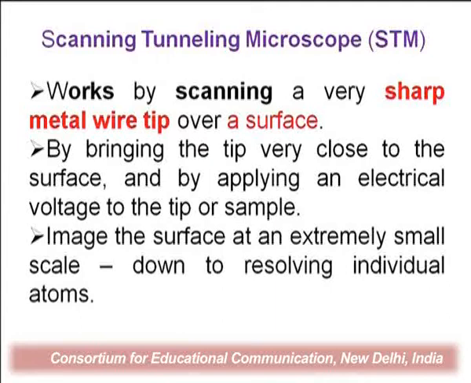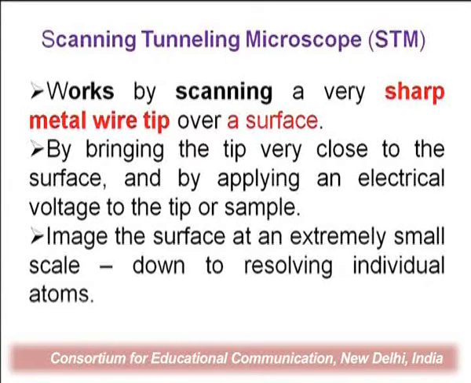We can image the surface at an extremely small scale, down to resolving individual atoms. This is very interesting, that we can scan the individual atoms through this tip and get the individual atom images on the screen. So the scanning tunneling microscope uses a sharp metal wire tip to scan the surface.